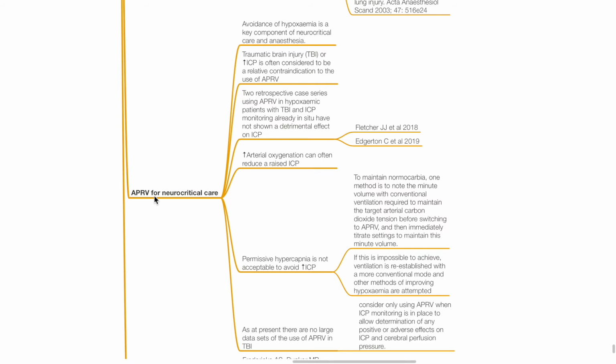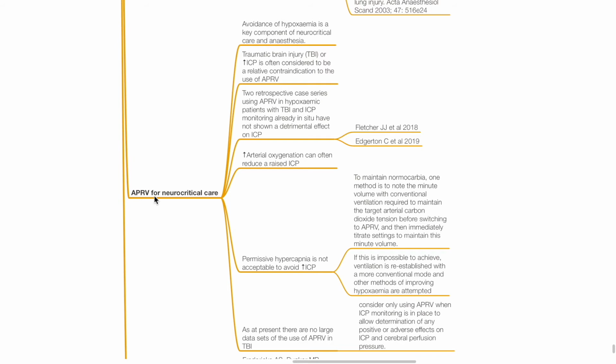Permissive hypercapnia is not acceptable to avoid increased ICP. To maintain normocarbia, one method is to note the minute volume with conventional ventilation required to maintain the target arterial carbon dioxide tension before switching to APRV, and then immediately titrate settings to maintain this minute volume.